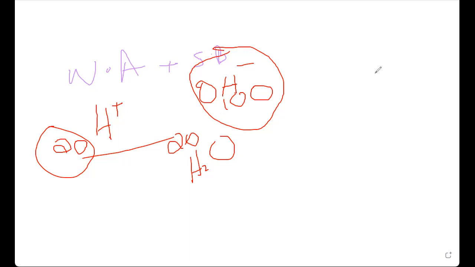Few OH negative ions have been reacted with few H positive ions because you have used weak acid here that is giving you few H positive ions. So your final solution has many OH negative ions. OH negative ions are the ions of the base. It means the final solution will be basic here. In this case, the final solution will be basic.